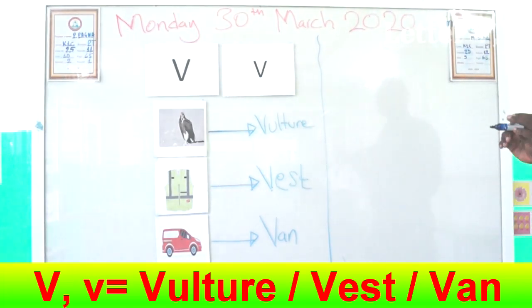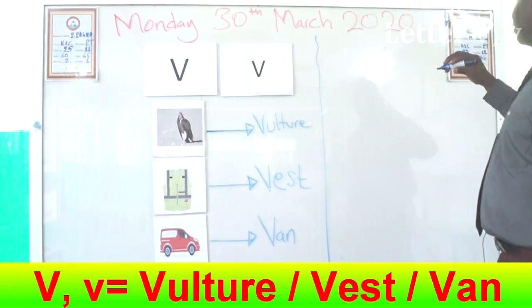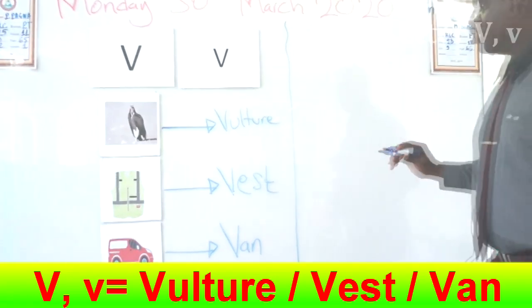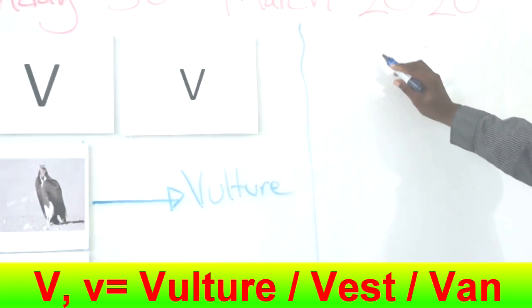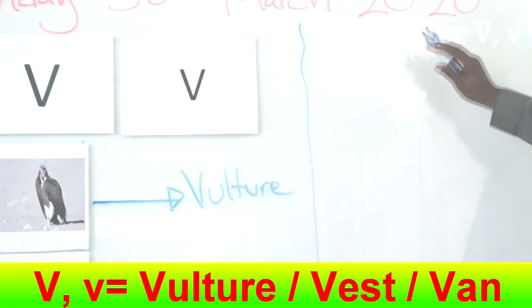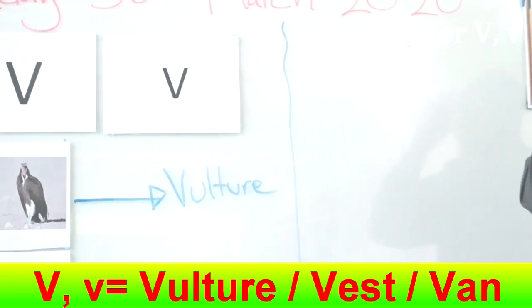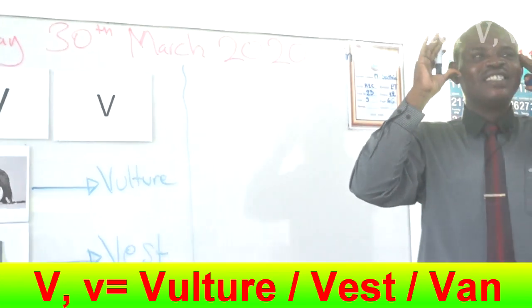It is also very important to learn how to write the letter V. Before we will be able to do it very easily, we have to follow the dotted line, then we'll be able to trace. So this exercise is called tracing.